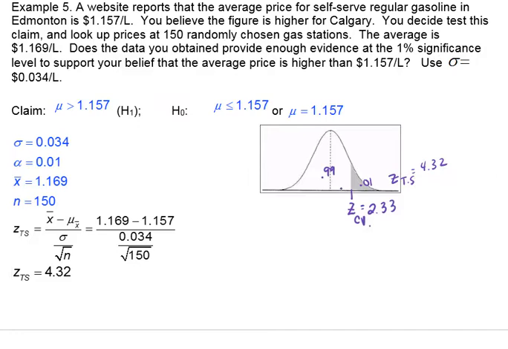So we're going to reject the null hypothesis, which means we're going to support the claim, right? If we're saying that this one here is wrong, then we're saying that this one here is right, because they're opposites.